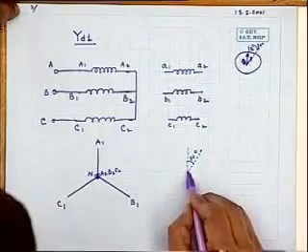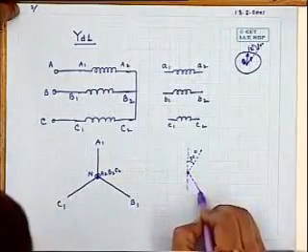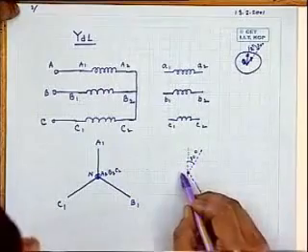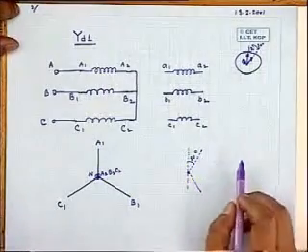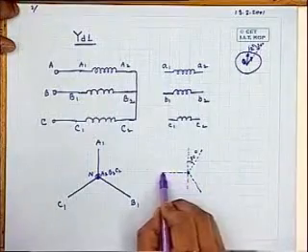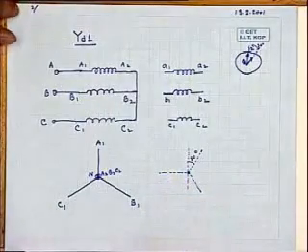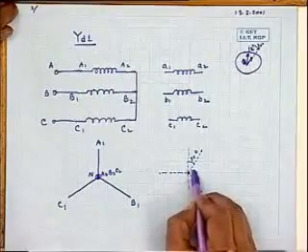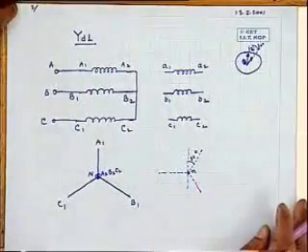Where will this B phase be? It will be 120 degrees apart like this. I can fix it up. This I have drawn, this I can draw. And then from this another 120 degrees, it will be like this. This is the artificial neutral, small n.